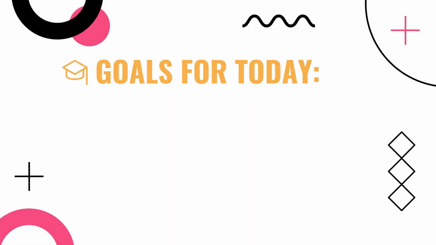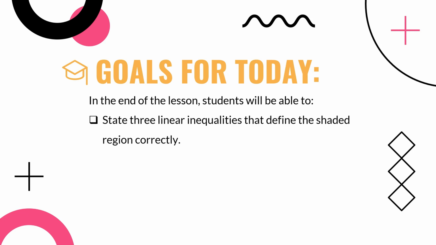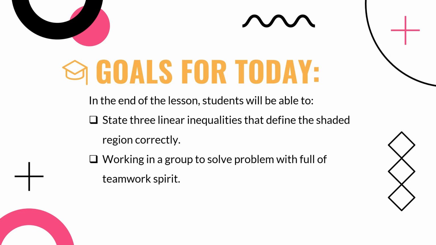First, we're gonna take a look at the goals for today. Today, there are three goals that I set up for today's class. In the end of the lesson, you will be able to first, state three linear inequalities that define the shaded region correctly. The second one, work in a group to solve problems with full teamwork spirit.